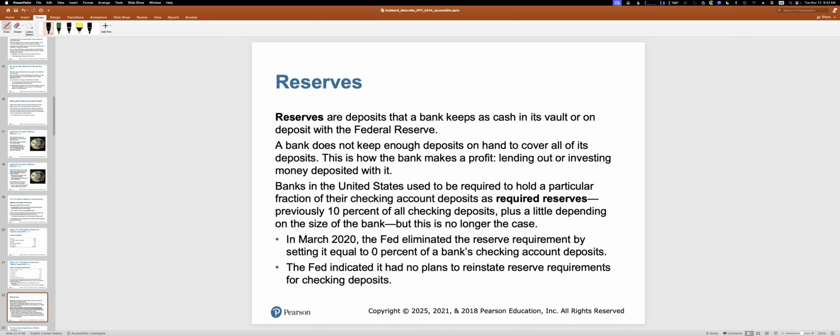If we had had this class even 5 years ago, it was typically the case that banks had to hold about 10% of their deposits in reserves, meaning in the bank vault or at the Federal Reserve. Banks are no longer required to keep any reserves. They can lend out 100% of their money. Don't worry though, they don't.